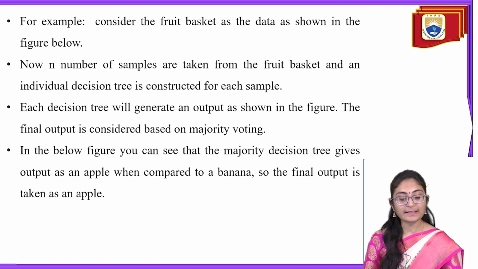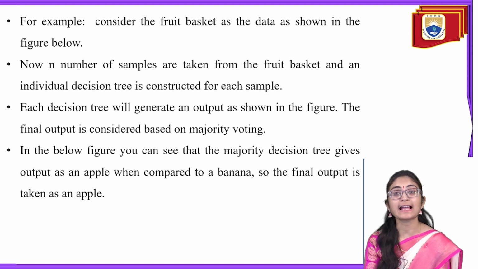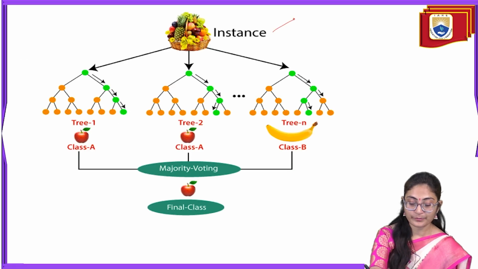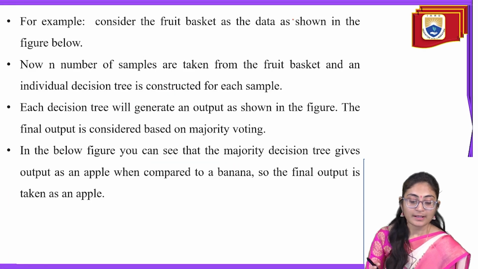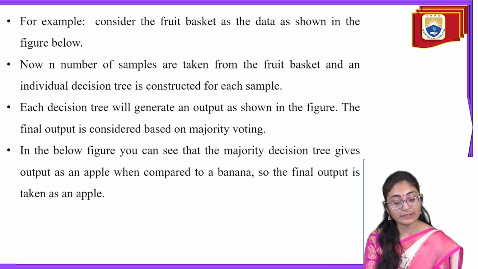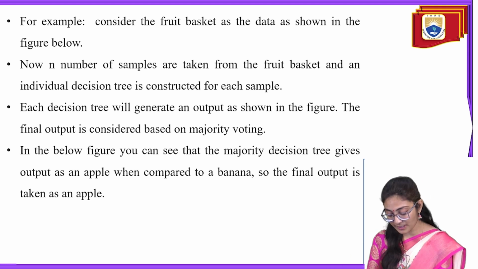Then after that, for example, consider a fruit basket as the data as shown in the figure below. This is your diagram. Now n number of samples are taken from the fruit basket and an individual decision tree is constructed for each sample.